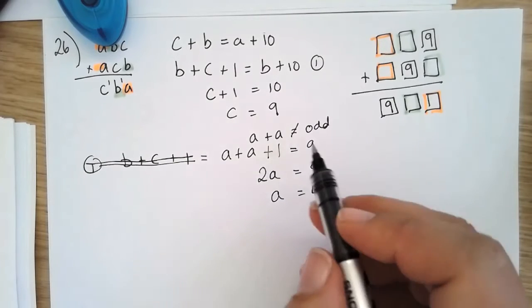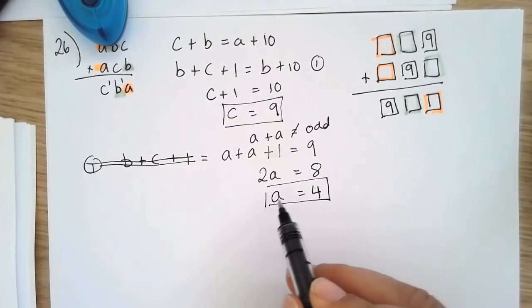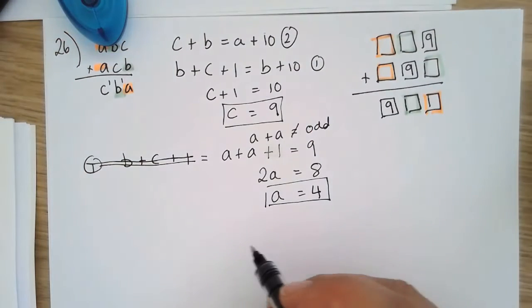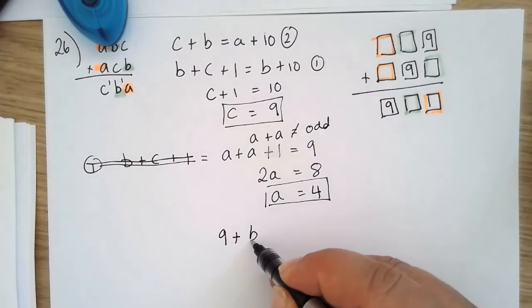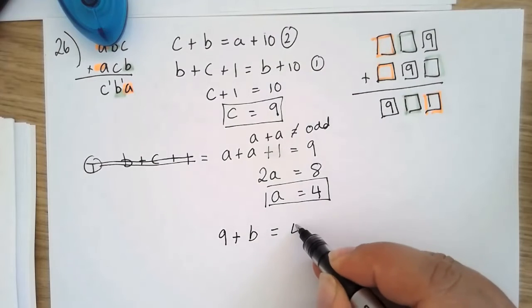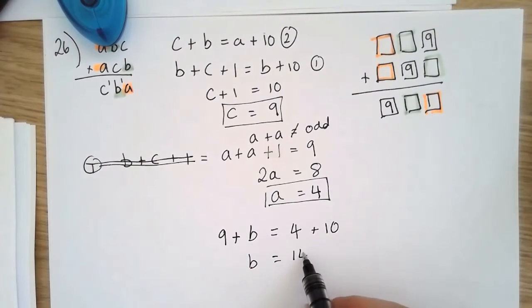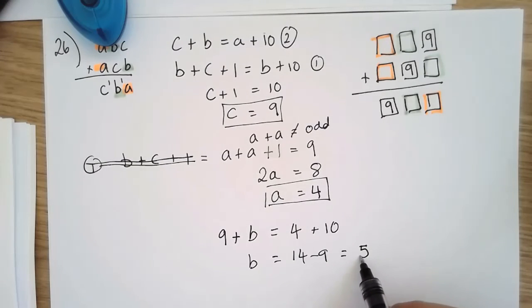So now we've got A, we've got C here, we've got A here. And so now we can substitute that back into this one up here. We've got 9 plus B, the thing we don't know, equals 4 plus 10. So B equals 14, subtract 9, which equals 5.